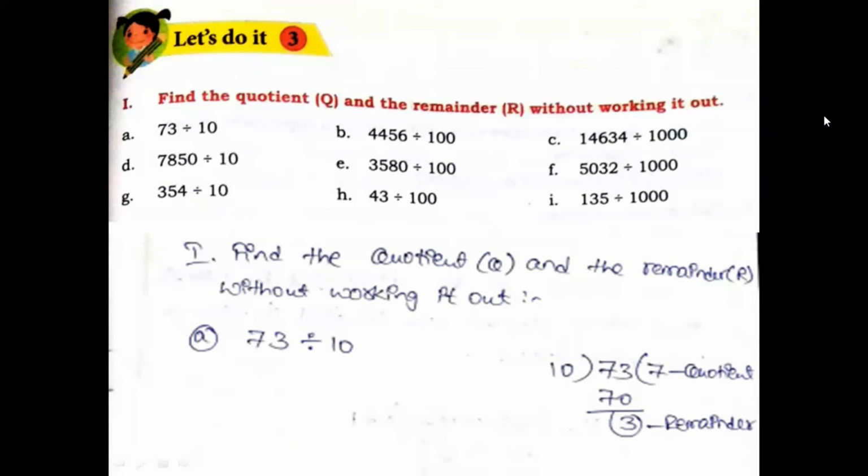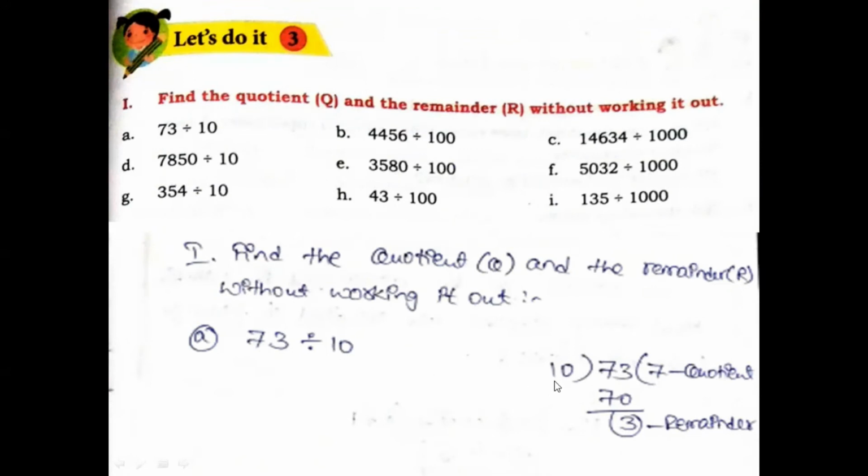Find the quotient Q and the remainder R without working it out. So, see here, children, I took one example. 73 divided by 10.